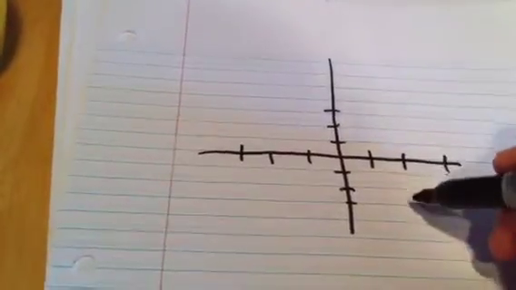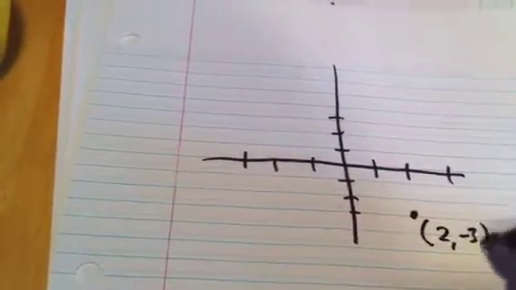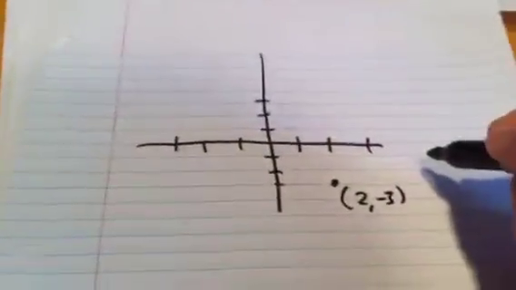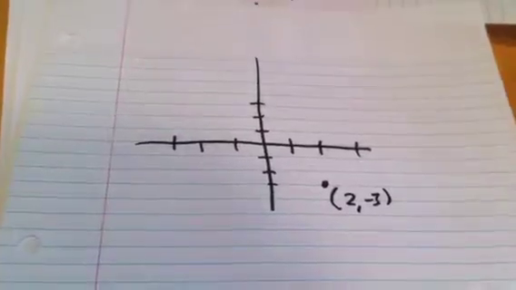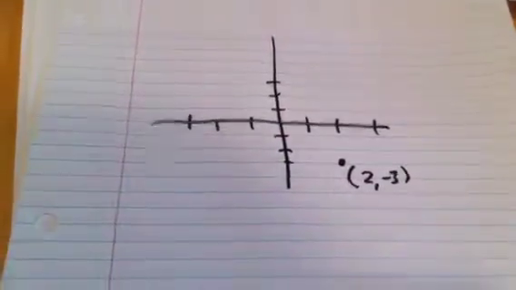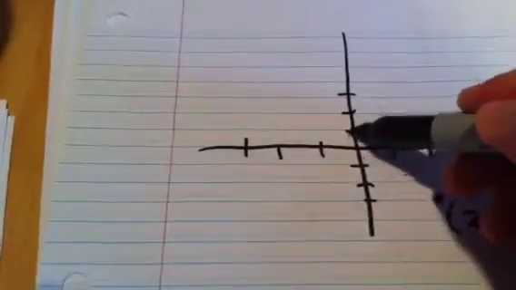So the vertex was positive 2, negative 3. That's my vertex there. We also found the y-intercept first in part B. We found the y-intercept to be a 1. So it's going to cross the y-axis at 1.